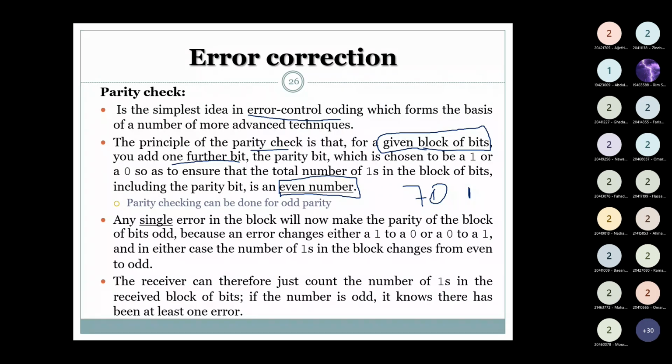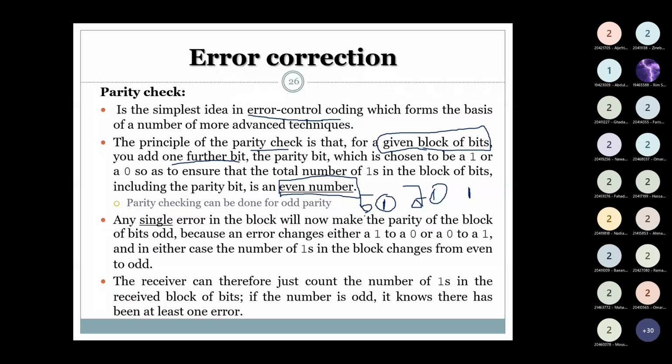If I have 6 ones, the parity will be 0. Why? Because I already have an even number of ones. So this is the parity bit.